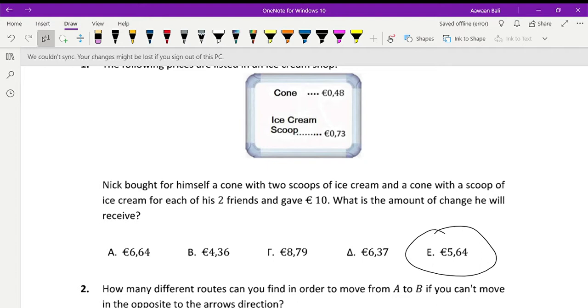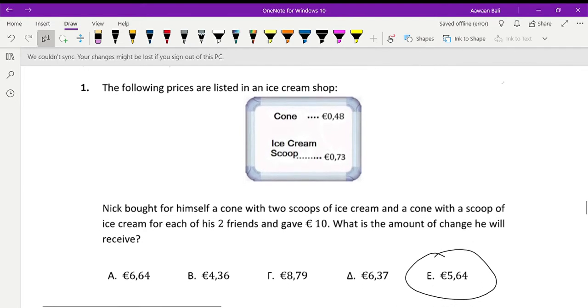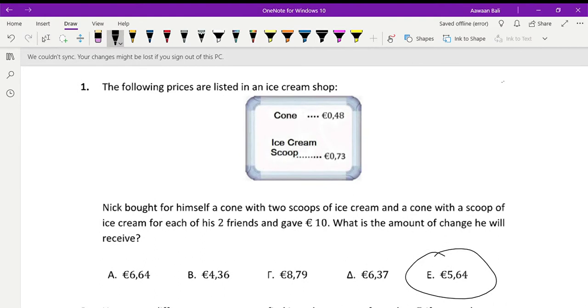Okay, so basically that means there were 3 cones. He spent it on 3 cones. He had his cone and the 2 cones for his friends. So basically 48 times 3, that's 144. And now Nick had 2 ice cream scoops for himself and 1 for each of his friends.